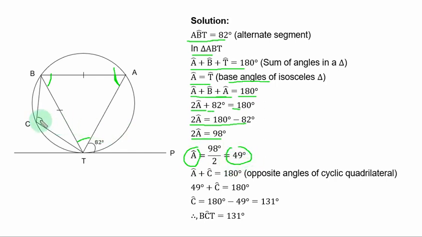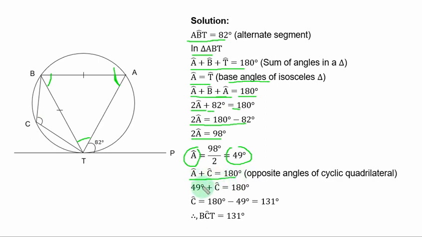Look at angle C and angle A. They are angles in opposite sides of a cyclic quadrilateral, and when you add them, their sum is equal to 180 degrees. You have this result.